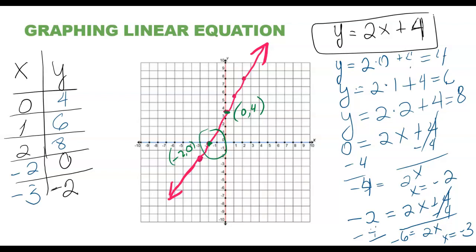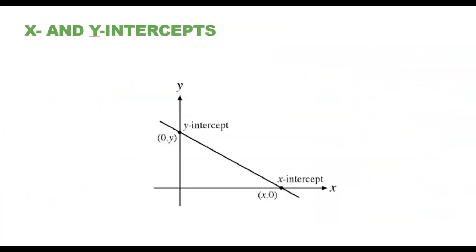To find intercepts, substitute x with 0 and find y. This is your y-intercept. To find the x-intercept, substitute y with 0 and find x. You probably noticed that the coordinates of the x-intercept will be (x, 0), with some value of x and y-coordinate 0.